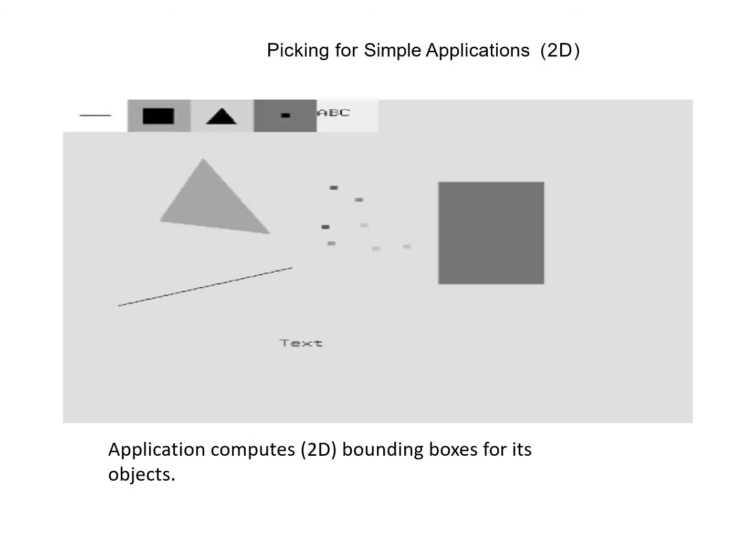A simple approach for picking is to use the bounding boxes, or the extents, of the objects we want to pick. The extent of an object is the smallest axis-aligned rectangle which contains the object.